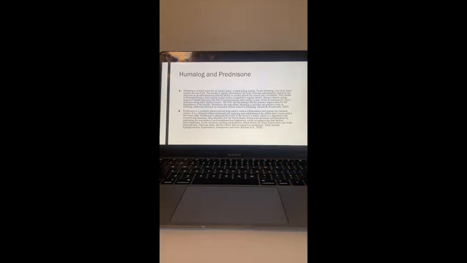So Humalog and prednisone. Humalog is a brand name for an insulin lispro rapid-acting analog. To use Humalog, you must inject insulin into the body. The insulin is rapidly absorbed by the body from the subcutaneous injection site. Injection as an administration aids the ability to swiftly absorb the insulin into circulation.